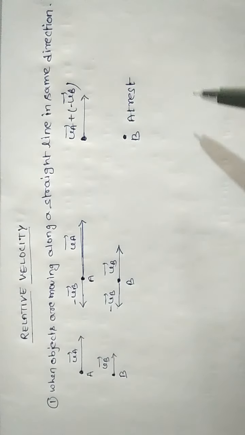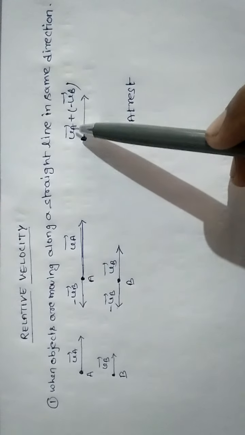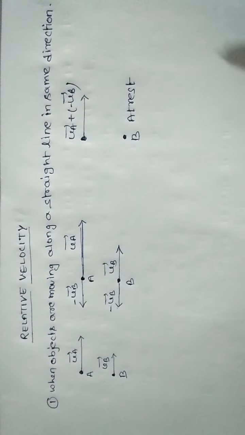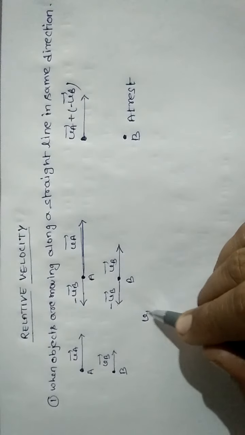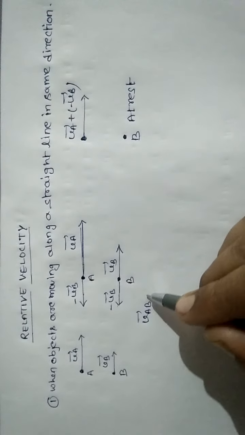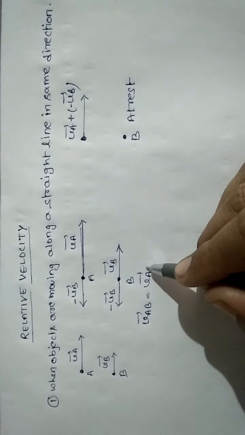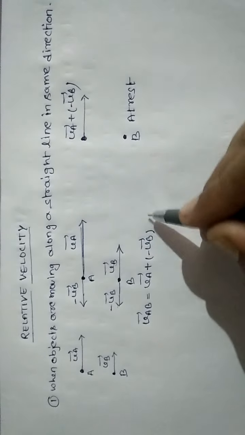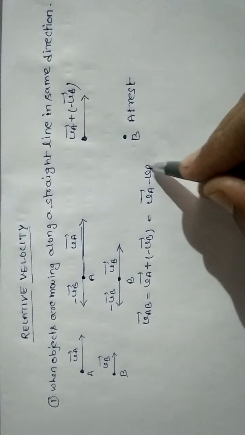Because the object B is at rest now, the relative velocity of object A with respect to object B is given by VAB is equal to VA plus minus VB, or it can be written as VA minus VB.